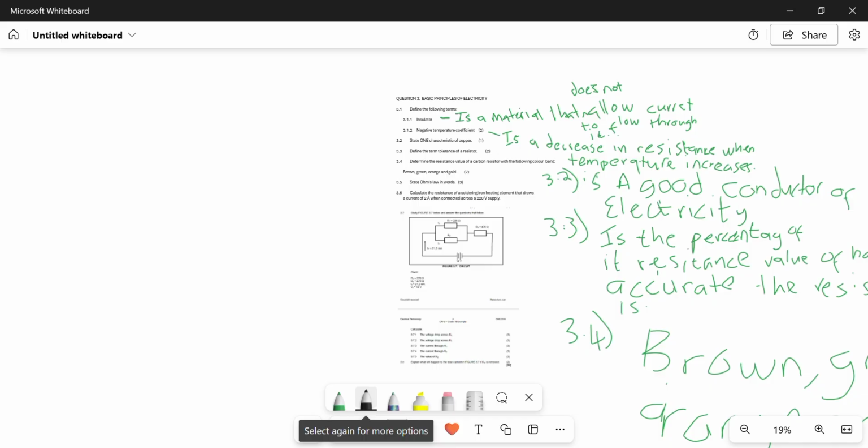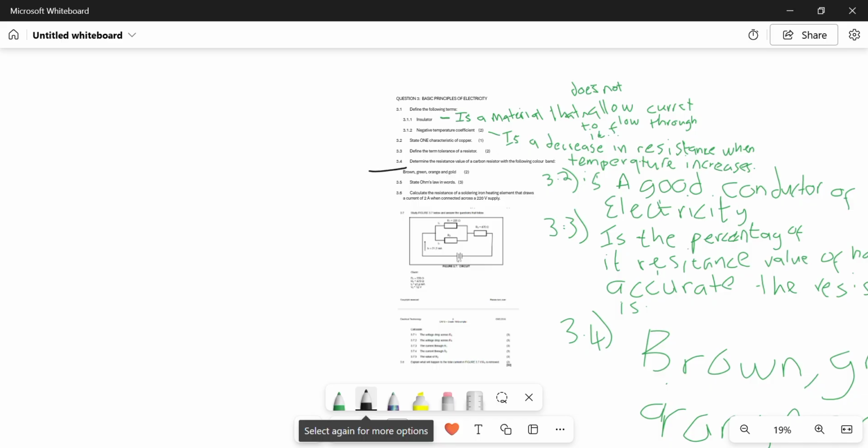So you're gonna explain in a summarized version what the Ohm's law is. Okay, so as we know, according to our knowledge, the Ohm's law explains the relationship between current, voltage, and resistance.